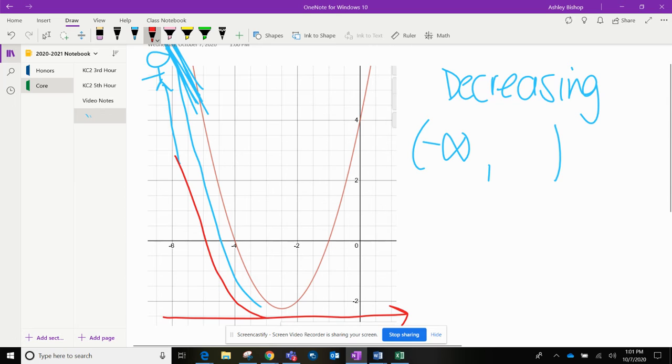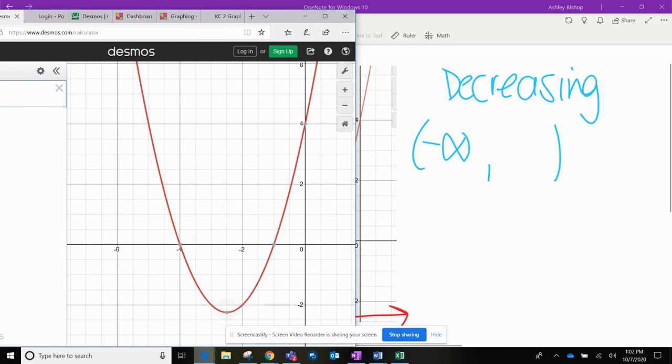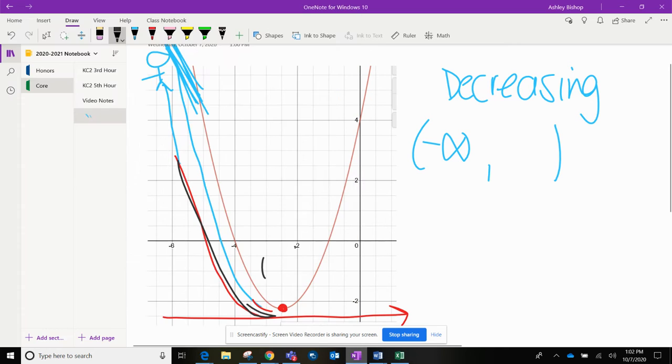My pencil's going down, down, down until I reach my vertex, my minimum. And my minimum, remember, happened at negative 2.5, negative 2.25. So negative 2.5 comma negative 2.25. So I'm decreasing until I hit this point.